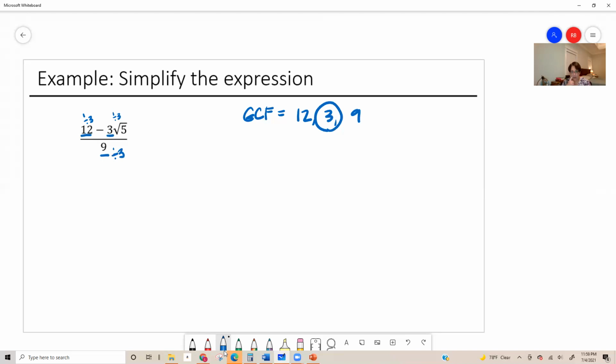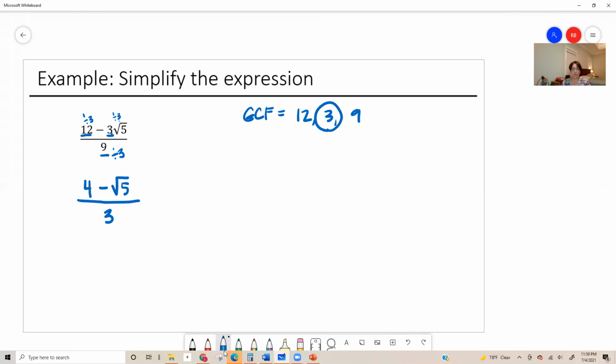Okay, so what we have here then is 12 divided by 3 is 4, minus, now 3 divided by 3 is 1. So I just have 1 times the square root of 5, which is just the square root of 5. 9 divided by 3 is 3.